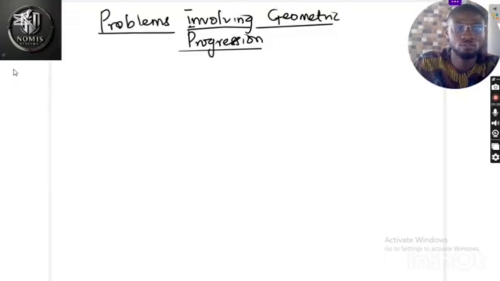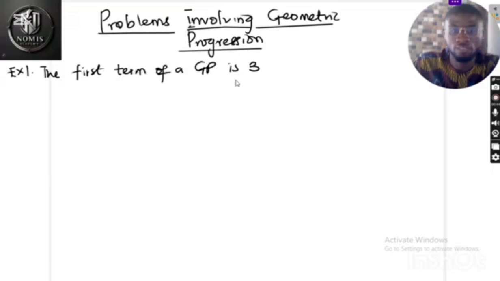Example number one. Example number one says the first term of a GP is 3, and the fifth term is 48.